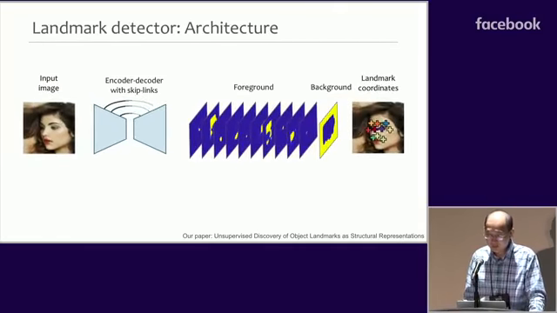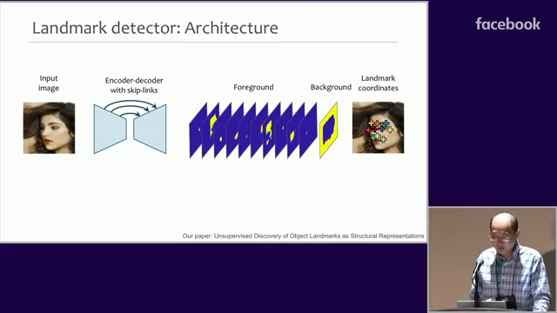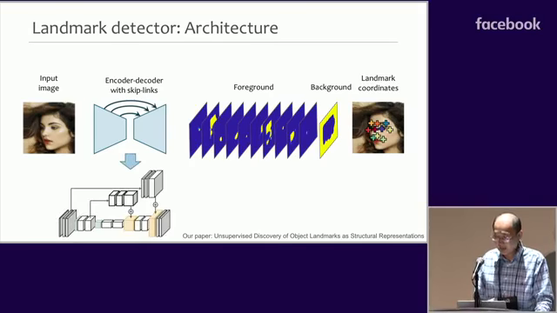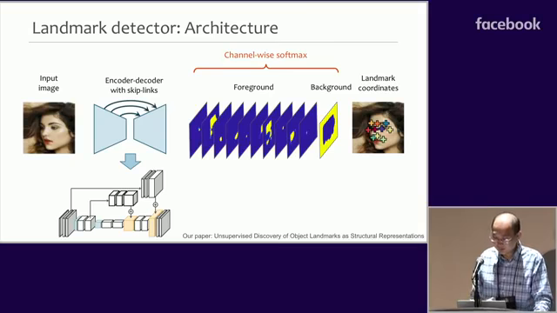Similar to a one-shot object detector, our landmark discovery module uses a convolutional neural network to get a detection heat map. The network has an encoder-decoder architecture with skip links. We normalize all the heat maps, including the background, using the softmax across channels.